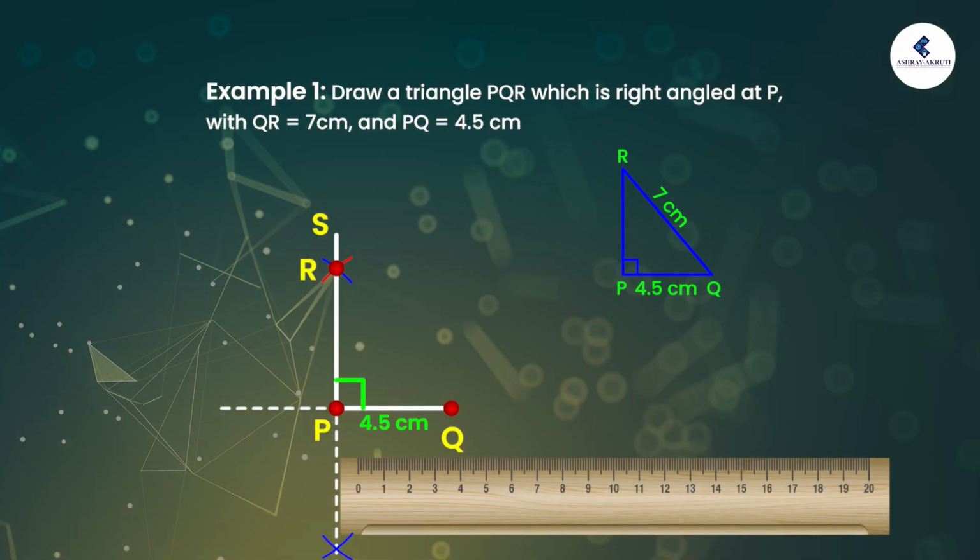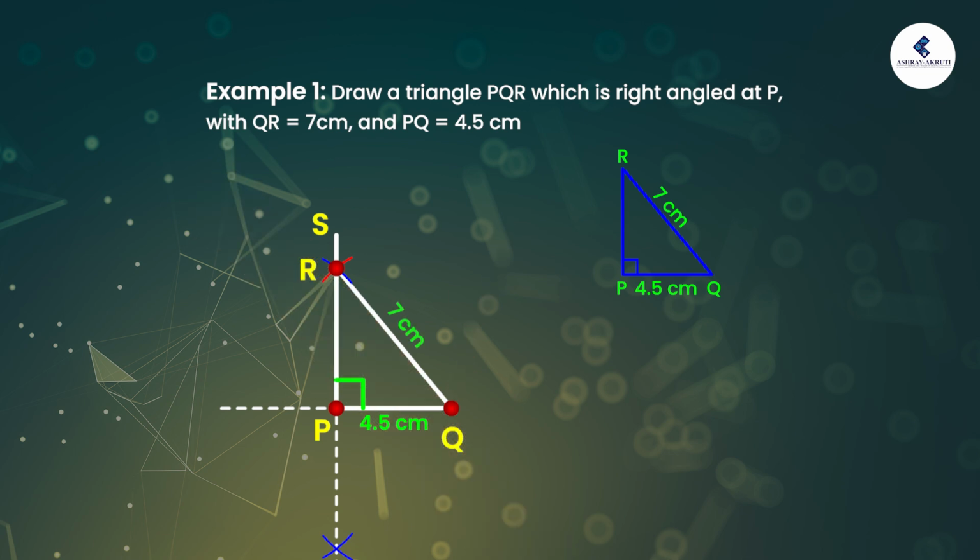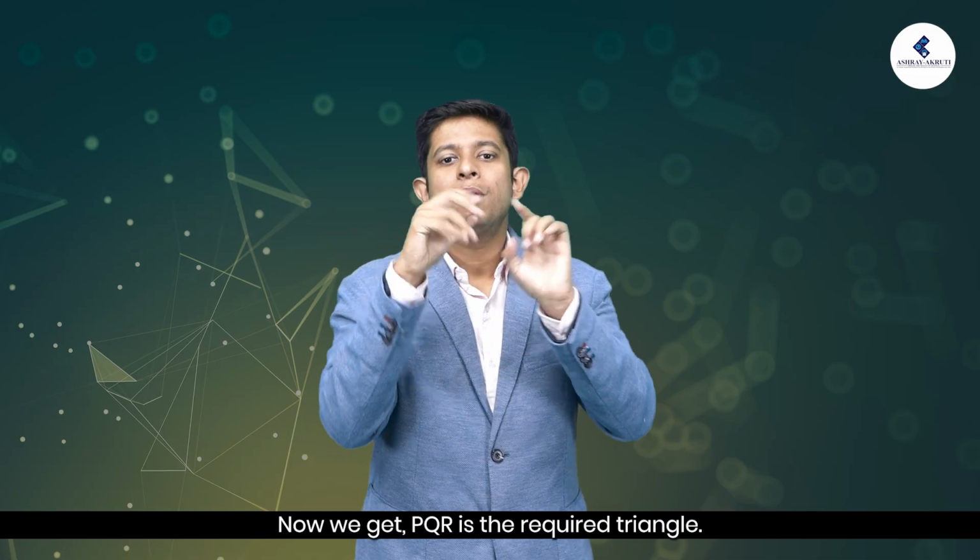Now join QR by using ruler. Now we get PQR is the required triangle.